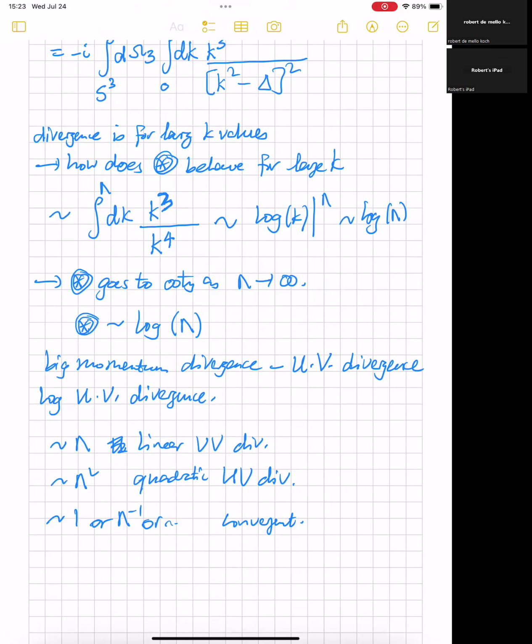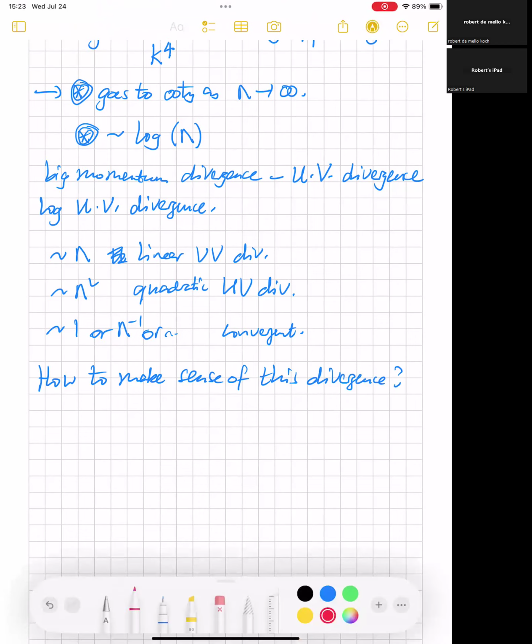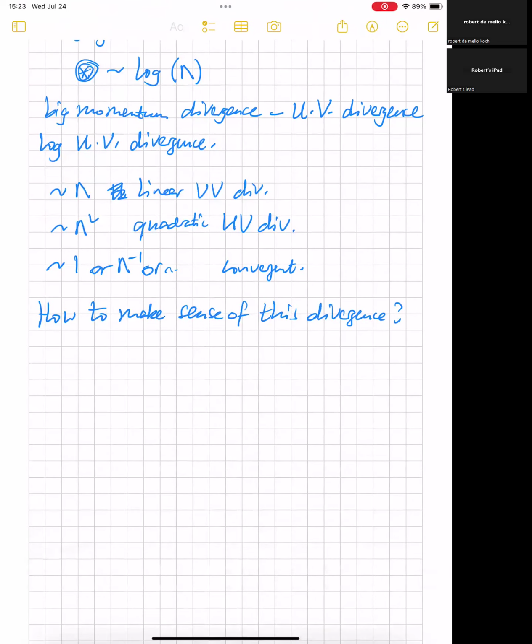Well, we have to know how to proceed, how to define it. So how do we make sense of this divergence? And now, in fact, we have a new idea, and a new idea deserves a new color. So how to make sense of this divergence?